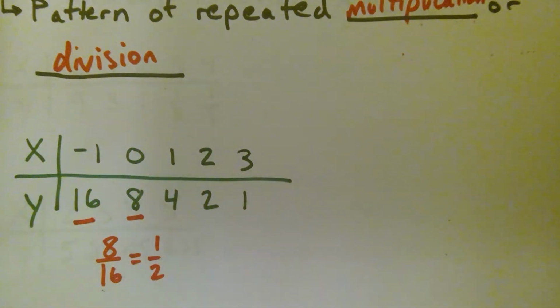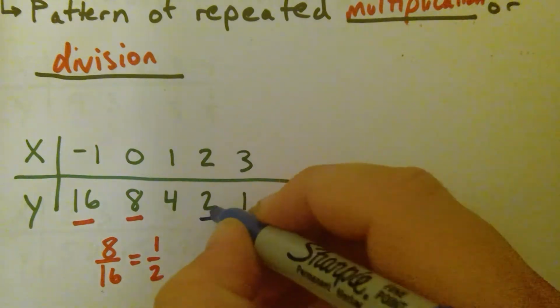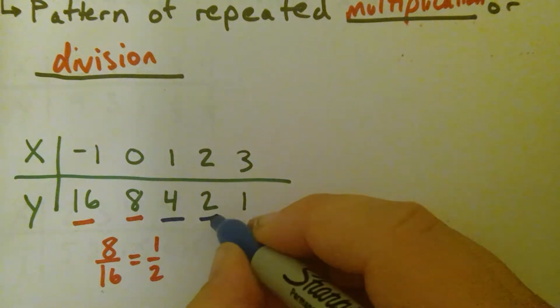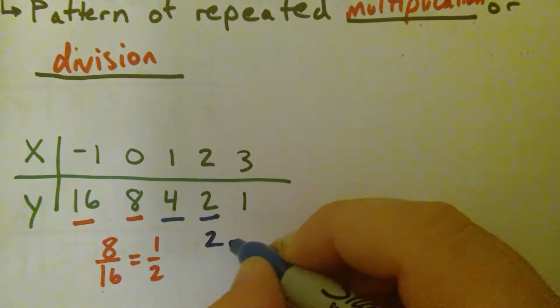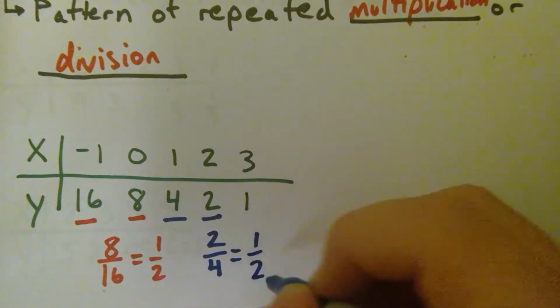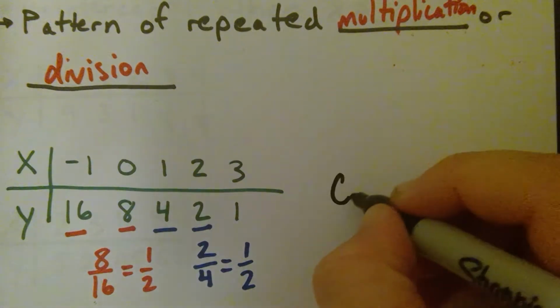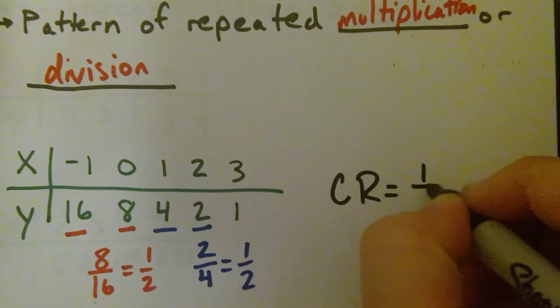Now, it's good to identify that, but let's check it somewhere else. We want to make sure this pattern is consistent. So I take the second one over the first one. So 2 divided by 4 is the same as 1/2. So we can go ahead and write down that the common ratio is 1/2.